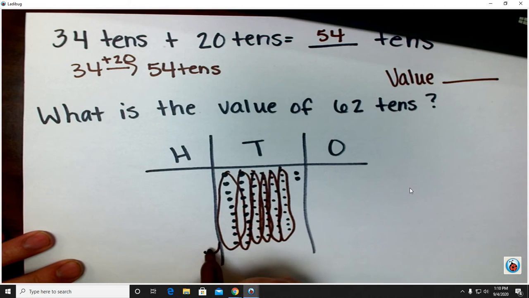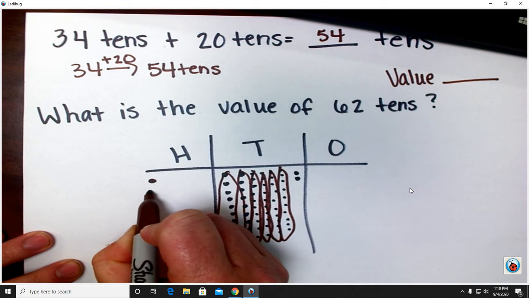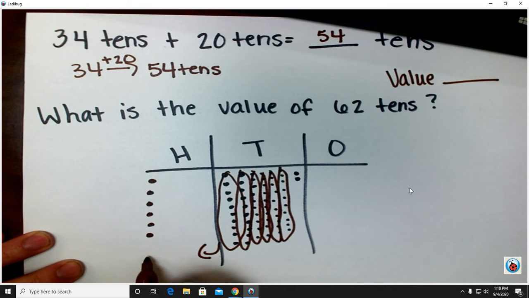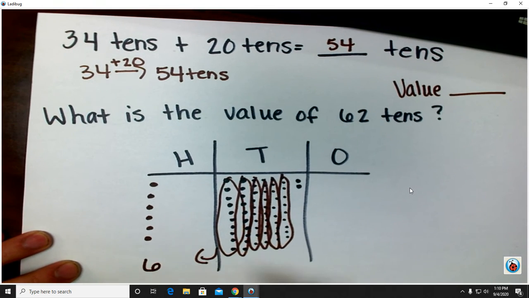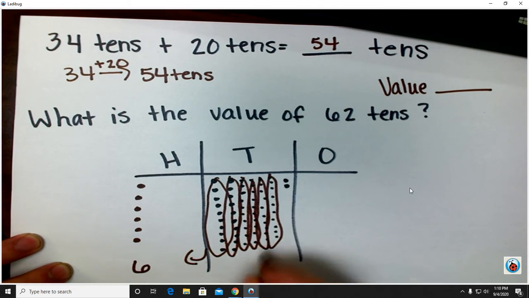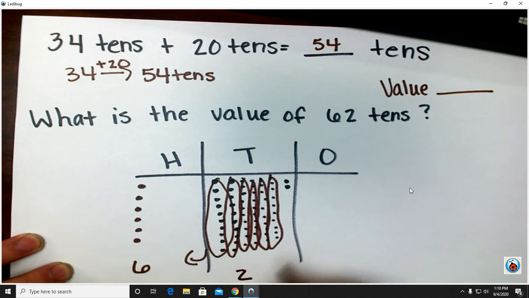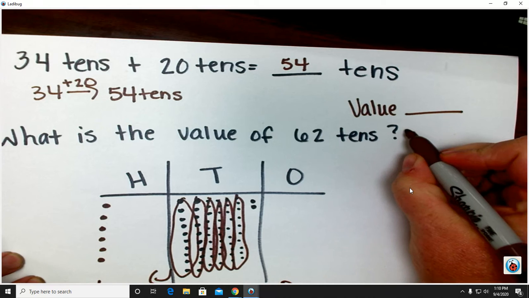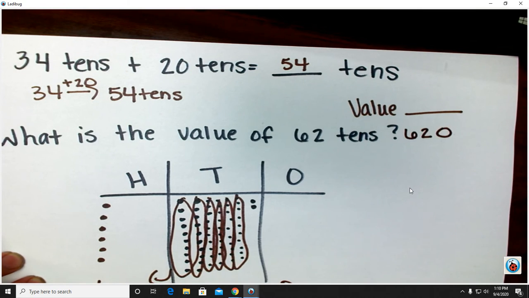So they now move over here. So that means I have 1, 2, 3, 4, 5, 6. So I have 6 hundreds, and I have 2 tens left because they weren't in the bundle of my tens. So I'm going to bring my 2 tens down, and there are no ones. So the value of 62 tens is actually 620.